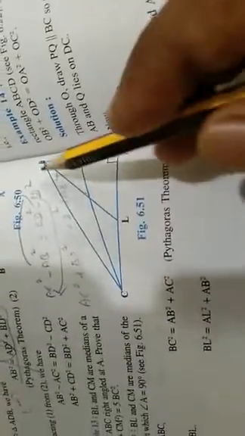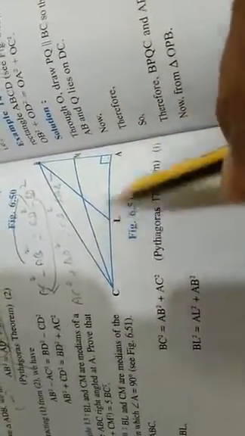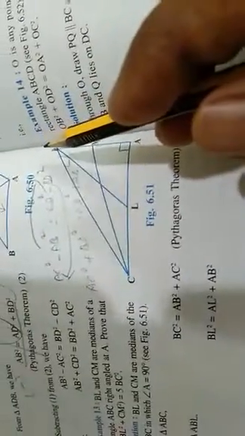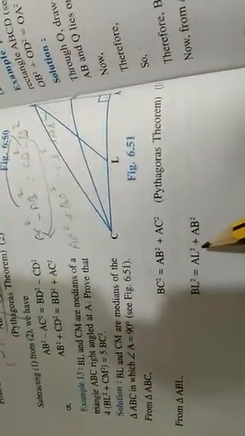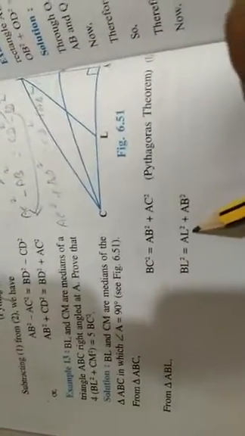Similarly, BL squared equals AL squared plus AB squared. So here check BL, CM, BC. BL equals AL, which is not given, and AB. So for that, AL is half of the side AC.